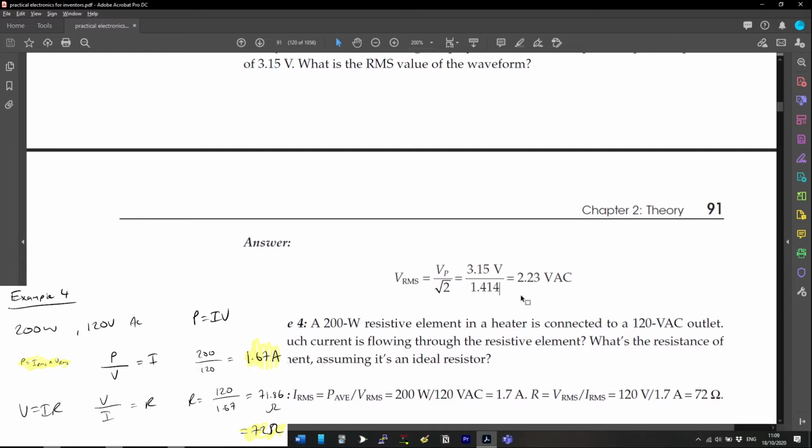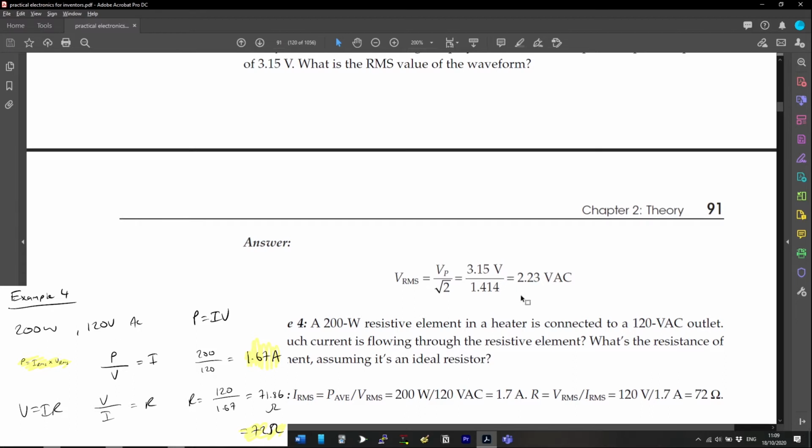Okay, so that means we take 200 watts and we divide it by 120 volts, and that will give us the current. So let's get the calculator back up. 200 watts divided by 120 volts. That means we have 1.67 amps going through the resistive element.